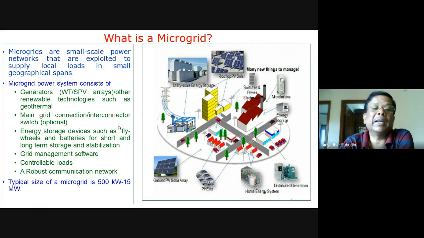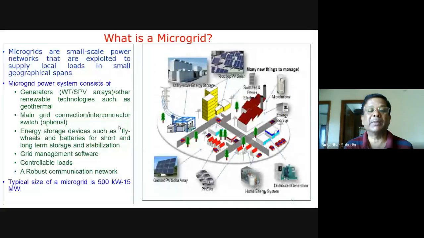It has the main component, the grid connector or interconnector, which means we have the choice of operating the microgrid independently, or connecting it to the grid by virtue of the interconnector. You have the operation mode. And the energy storage, like flywheels or batteries, for short and long-term storage and stabilization.